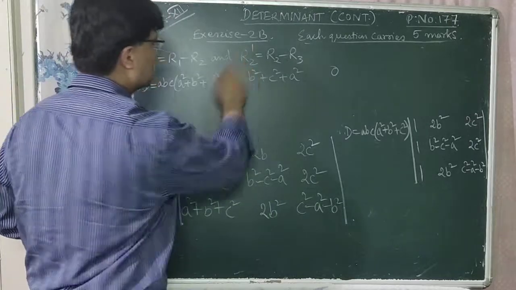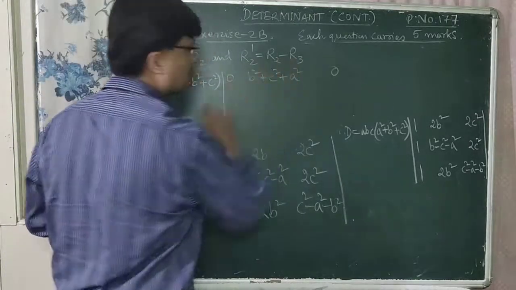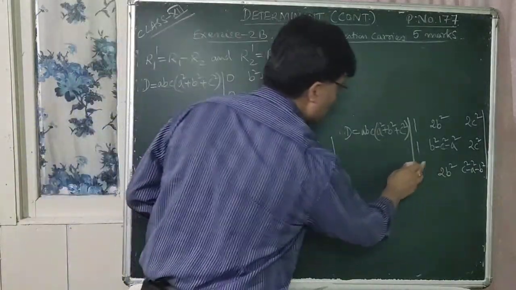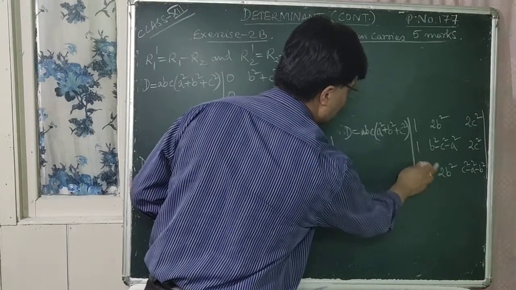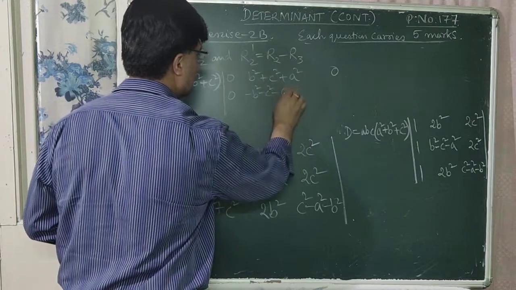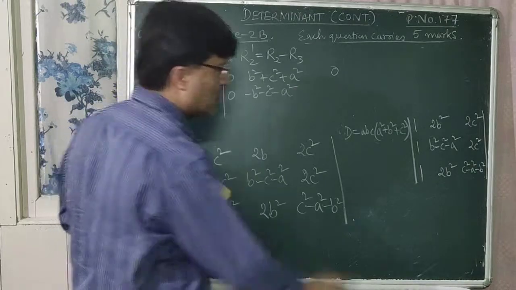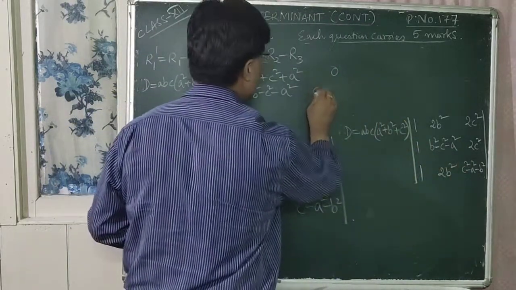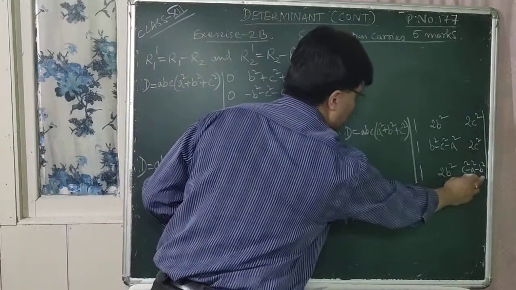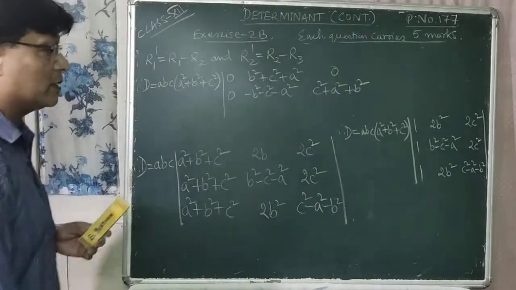Next, R2 dash. That means second row is changing now. So how does it change? R2 minus R3 again. So 1 minus 1 is 0. This minus this. What do we get? B square minus 2b square, minus b square, minus c square minus a square, right? So this minus this. 2c square minus c square, that is c square, minus into minus plus a square, here also minus into minus plus b square, right?